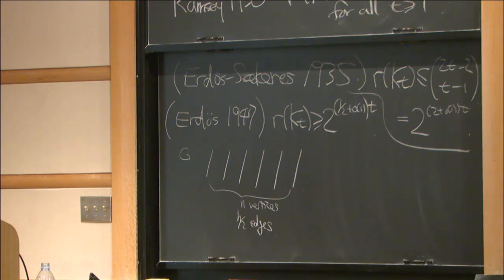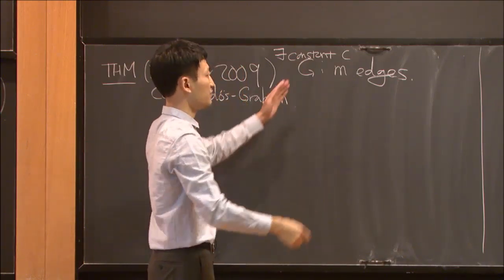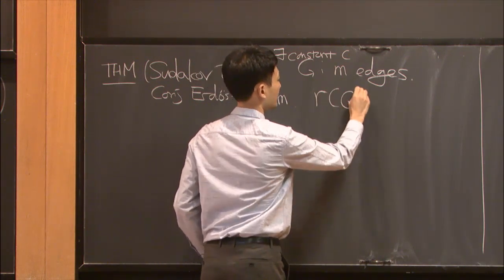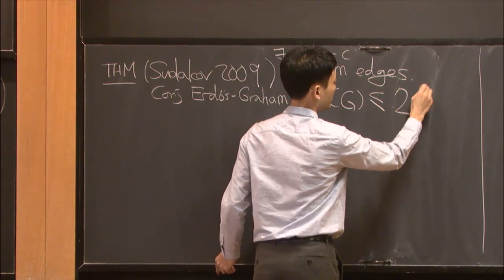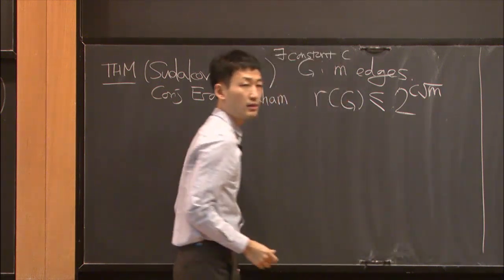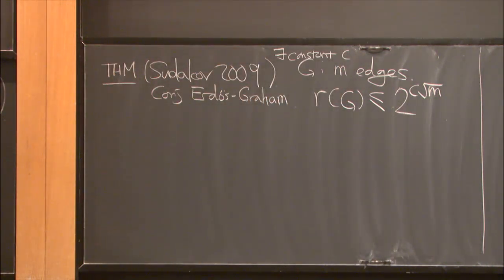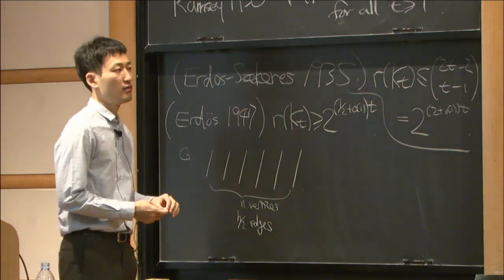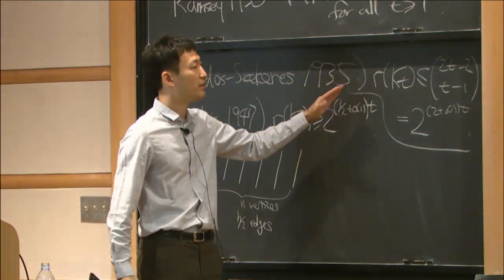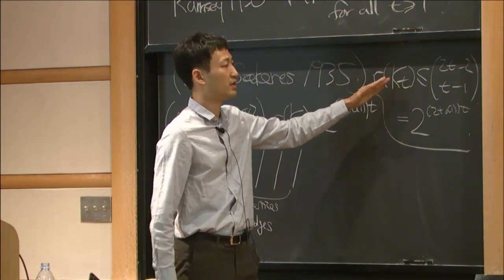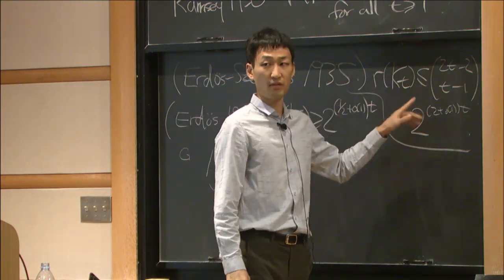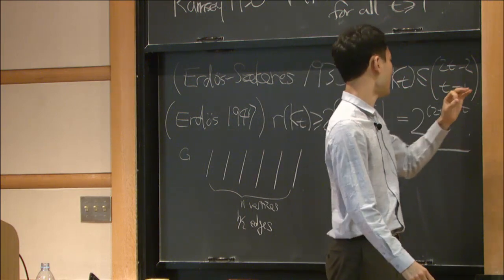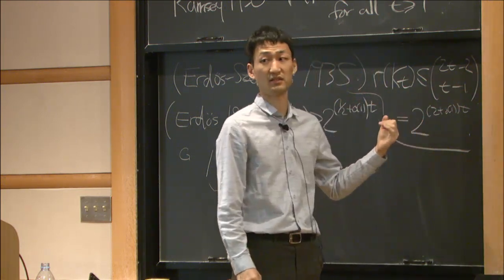There exists an absolute constant C such that for all m, if G has m edges, then the Ramsey number of G is at most 2 to the C square root of m. In some sense, this shows that complete graphs have the largest possible Ramsey number. Maybe there exists a graph with the same number of edges as a complete graph with a larger exponent, but no other graph can have Ramsey number going faster than exponential.